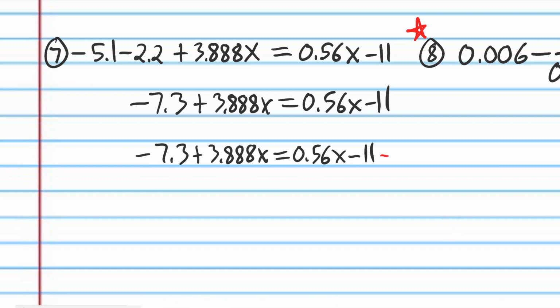And we're going to subtract 0.56x from both sides of the equation. And I'm going to get my calculator. 3.888 minus 0.56. That's just one way to do it in the calculator. That's probably the easiest way to do it in the calculator.